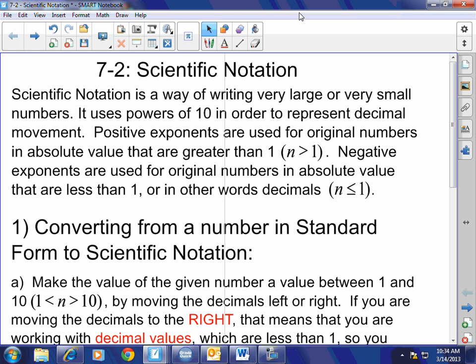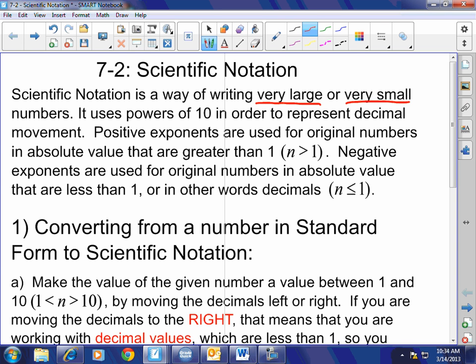Scientific notation is a way of writing very large or very small numbers. That's all it is. When we're dealing with space travel or distances in space, or you're making a map and you want to have the correct scale from here to China, we're talking about large values, and you're going to use scientific notation.